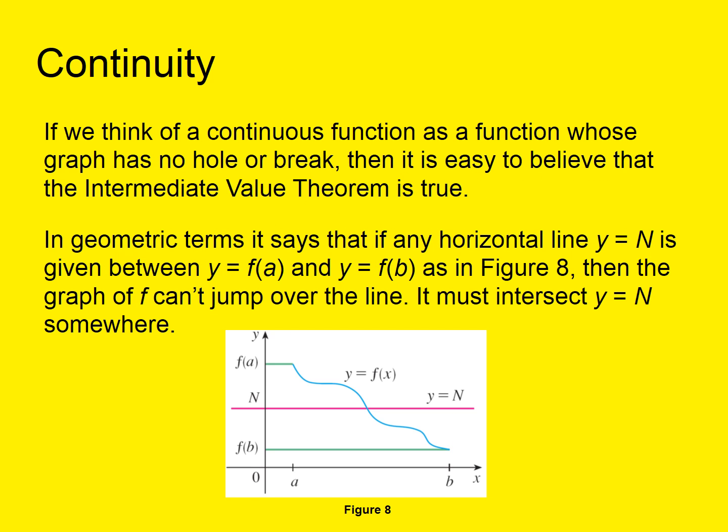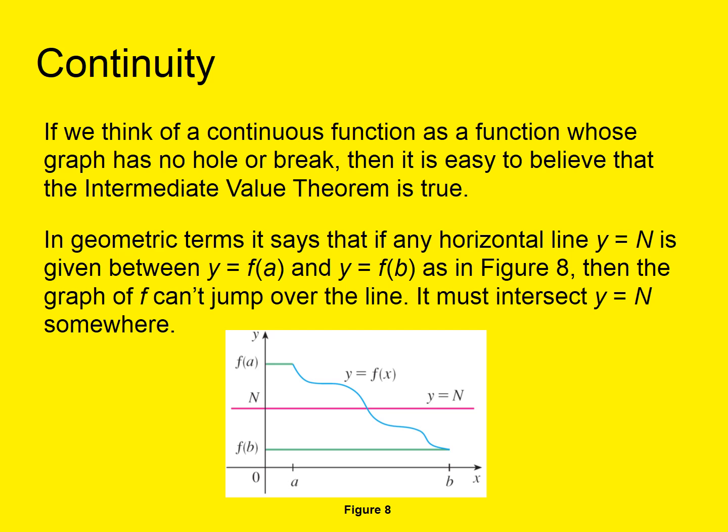If we think of a continuous function as a function whose graph has no hole or break, you can graph it without lifting your pencil from the paper, then it's easy to believe that the Intermediate Value Theorem is true. In geometric terms, it says that if any horizontal line y equals N is given between y equals f of a and y equals f of b, as in figure 8, then the graph of f can't jump over the line.